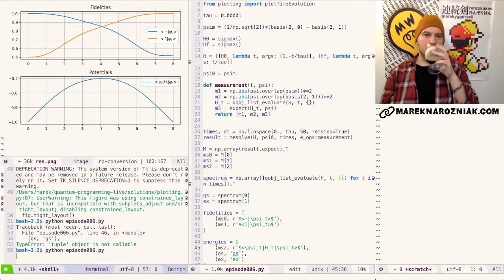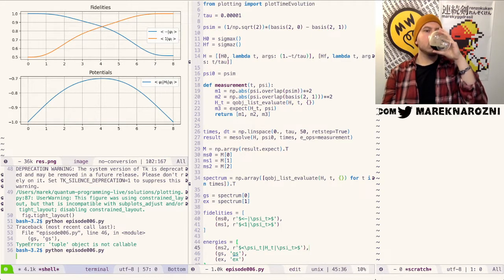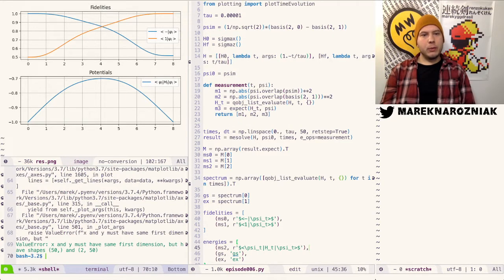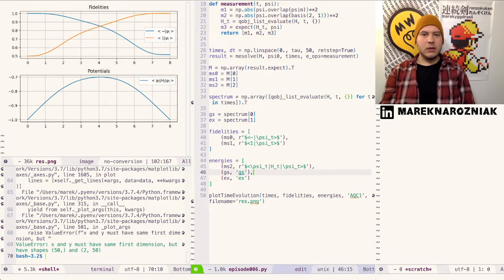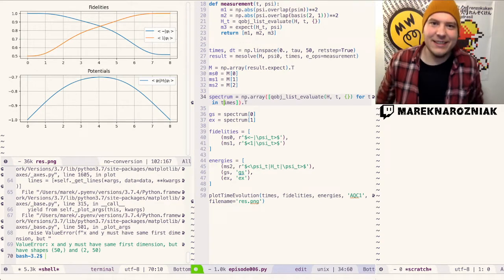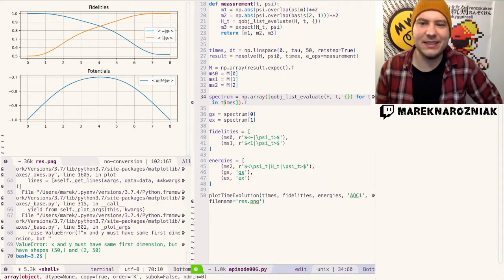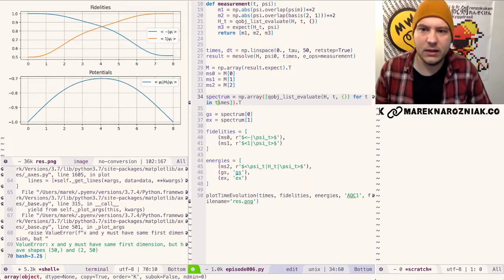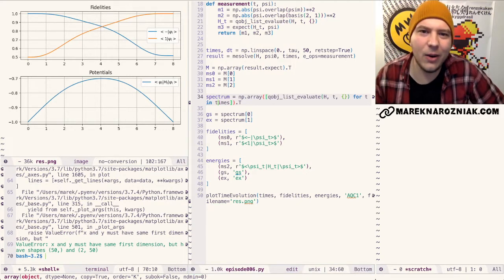Okay. Value error: x and y must have the same first dimension. Guys, looks like it's another debugging exercise. They must have the same dimension, like they use the same time steps. That's the problem here. Oh!